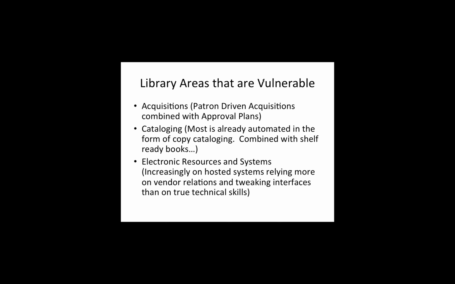These are the library areas that I felt are most vulnerable, in alphabetical order because systems is at the very end, and I'm in systems, so naturally. If you talk to your acquisitions people, with a combination of patron-driven acquisitions and approval plans, the job has changed dramatically.